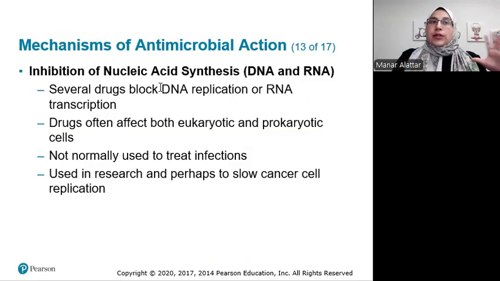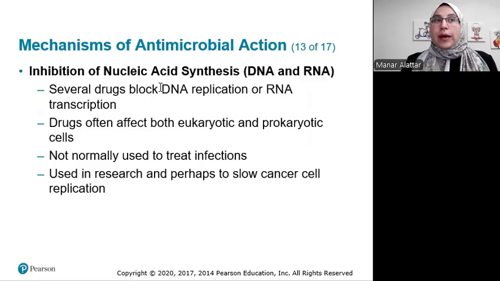So any pathogen that is growing inside of a host is absolutely going to need to replicate its DNA as it grows and reproduces. This is absolutely essential to that pathogen continuing to grow and reproduce within a host. So when you have drugs that target replication, this can inhibit or reduce the capacity of that pathogen.